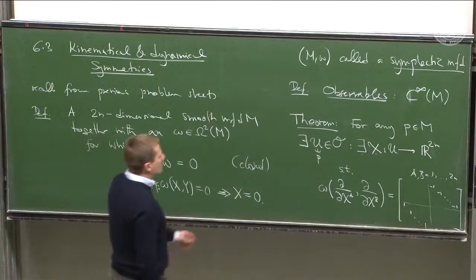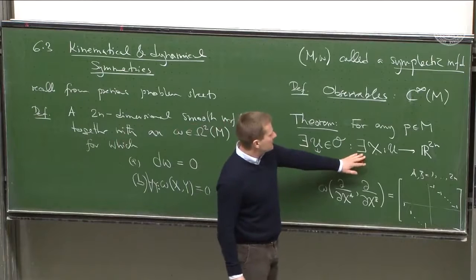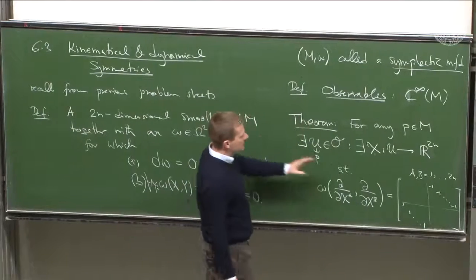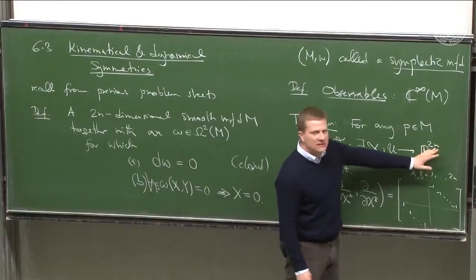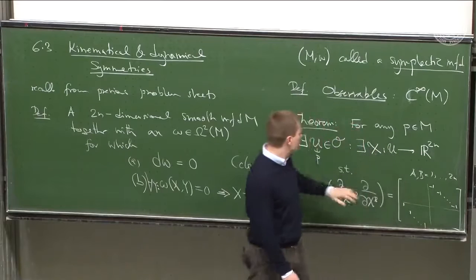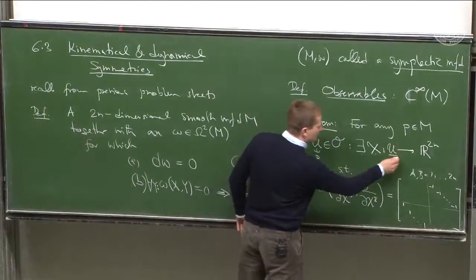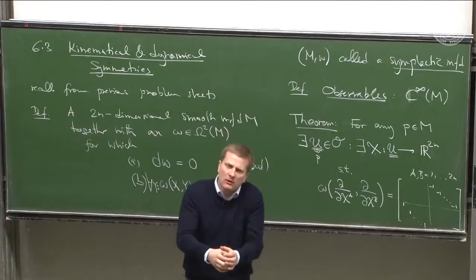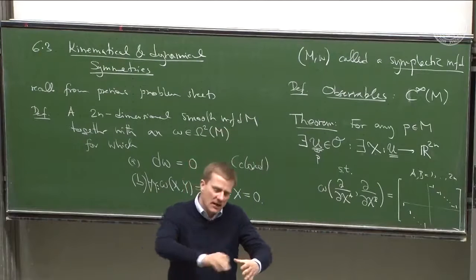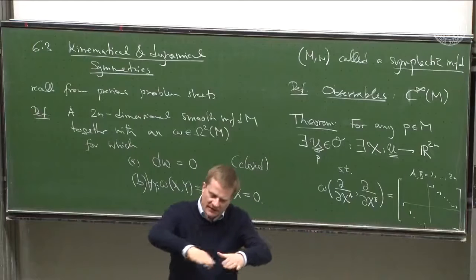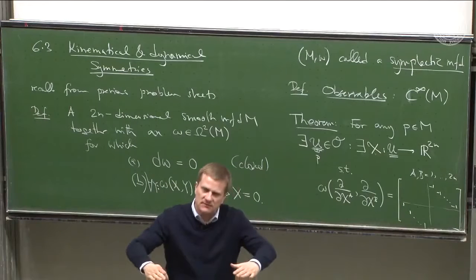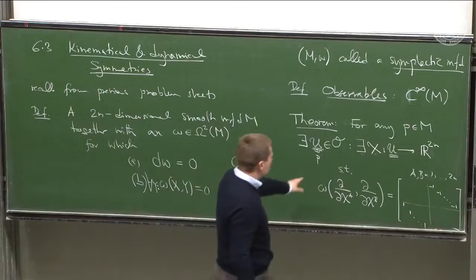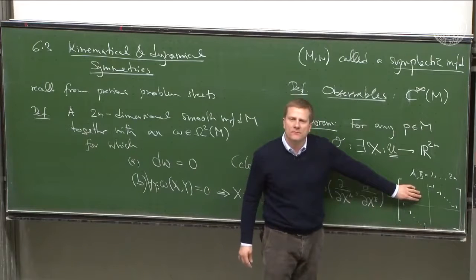And note, this is very special because it's not just a normal form for an antisymmetric 2n by 2n matrix at one point. It claims that around a point there's always an open region, maybe a small open region, but nevertheless an open region, where you can extendedly choose coordinates, and over the entire region the omega takes the simple form.